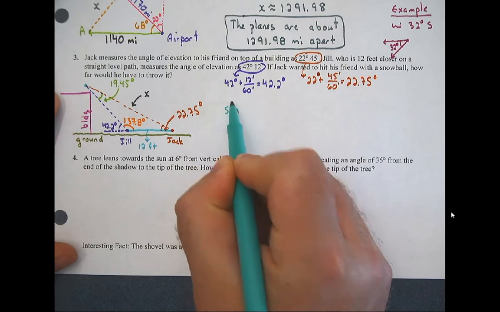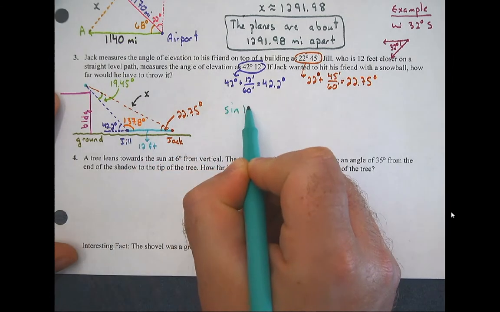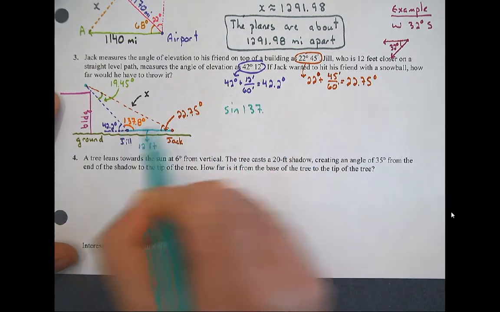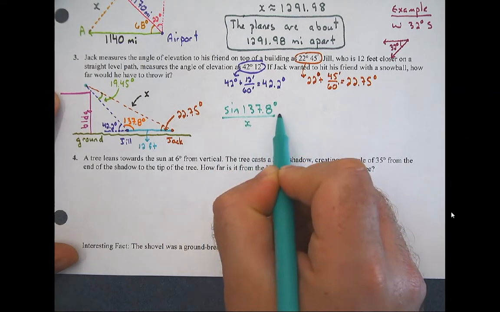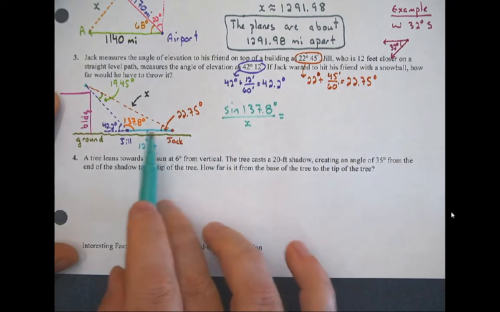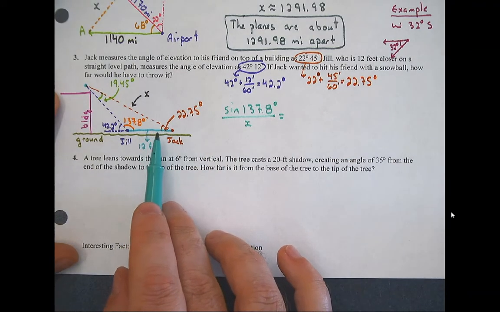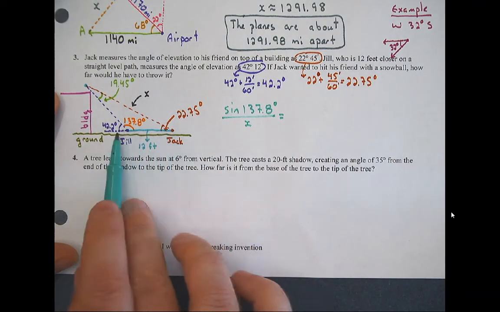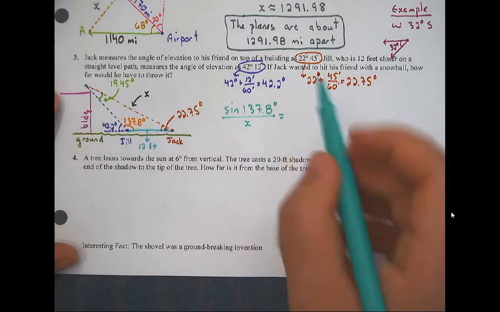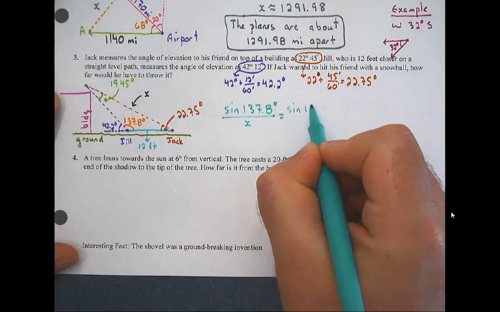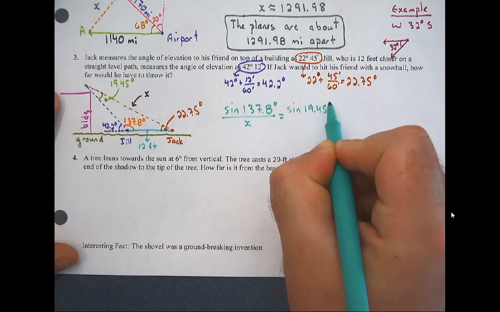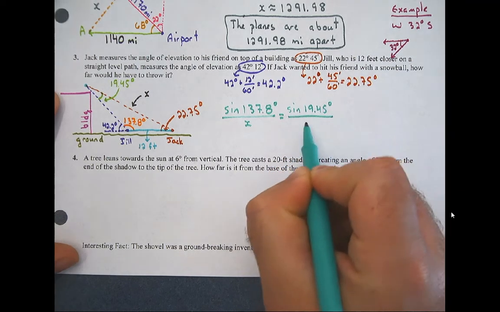Sine of 137.8 degrees over x is equal to, now I've got to use an angle and a side that I know. I know this side length is 12 and its angle is 19.45, so I'm going to use that one. Sine of 19.45 degrees over 12.